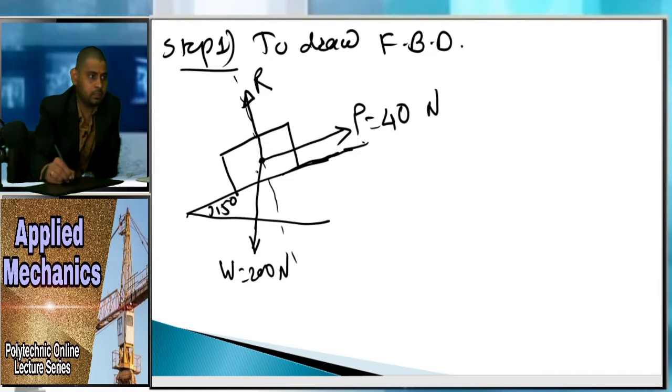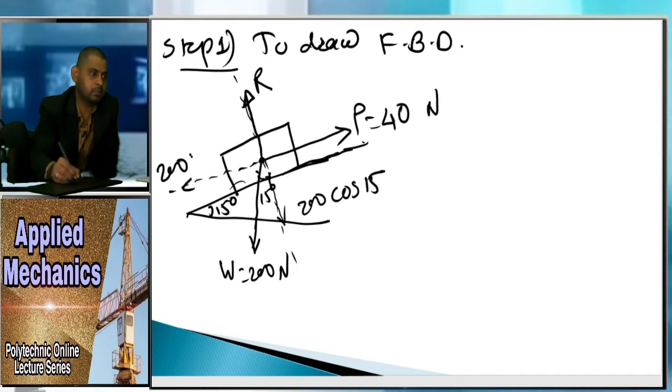This angle is similar to this angle, so here it is 15 degrees. Now we can resolve the weight like this: 200 cos 15 and 200 sin 15, right? So now just resolve the forces like this.